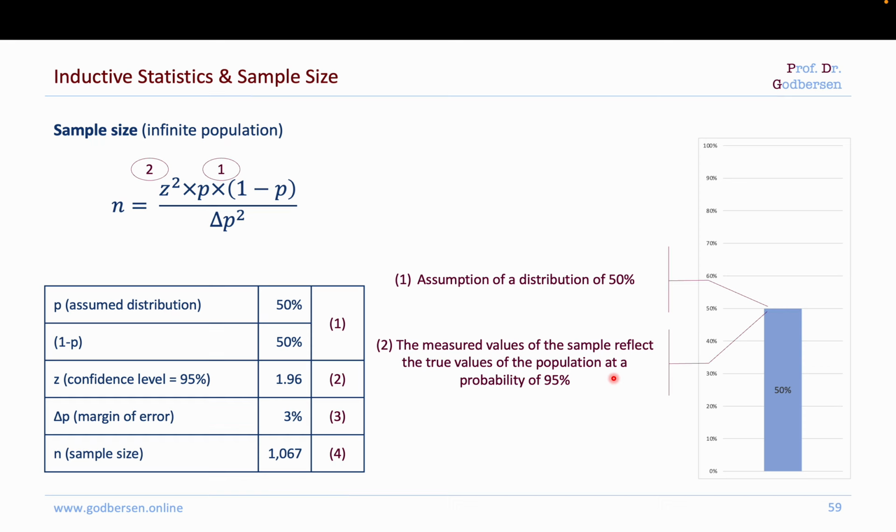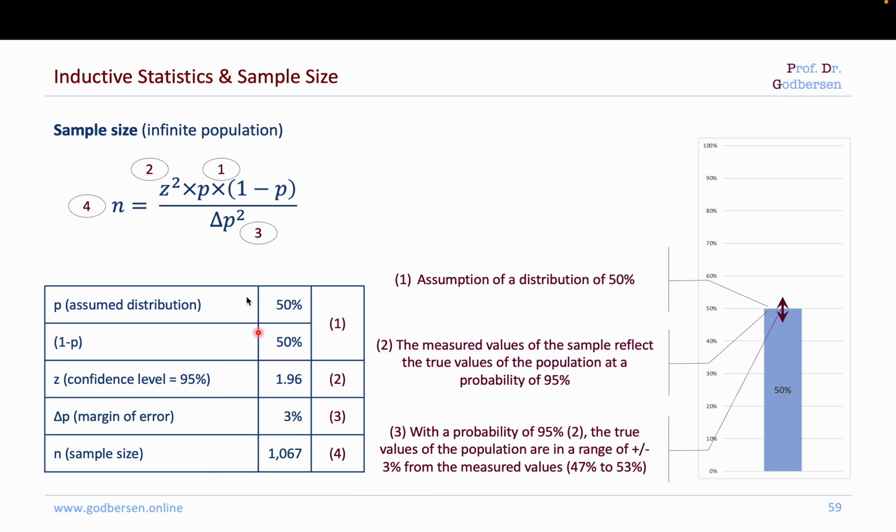As we will never be exactly on point, we need the margin of error. We say we allow our values to deviate 3% up or down from our measured values. If we put this in the equation, then we can say, from step 2, with a probability of 95%, the true values of the population are in a range of plus minus 3% of our measured values.